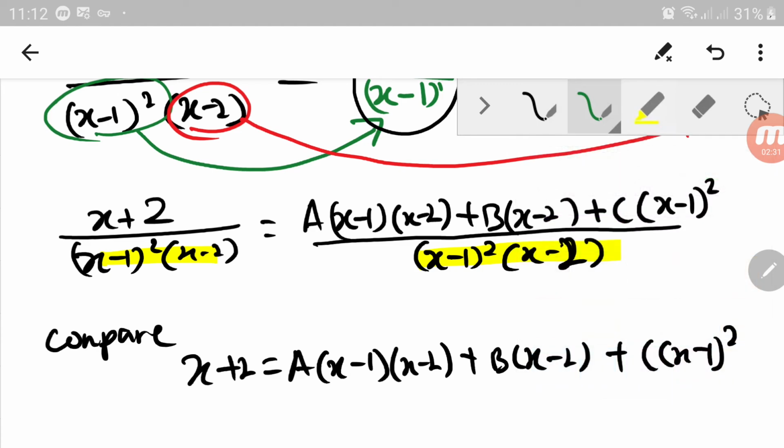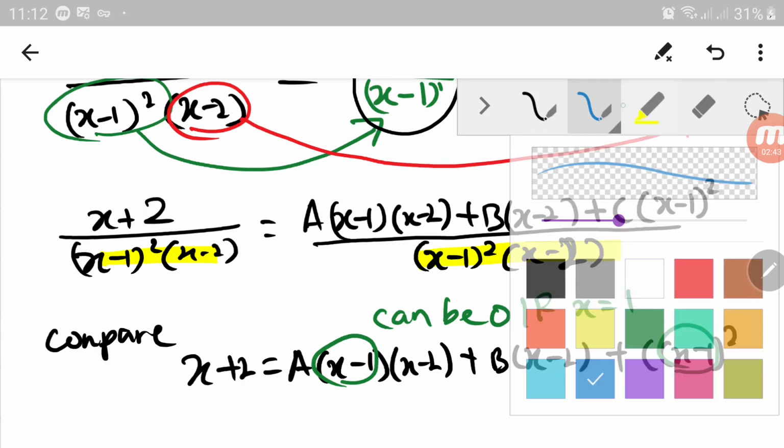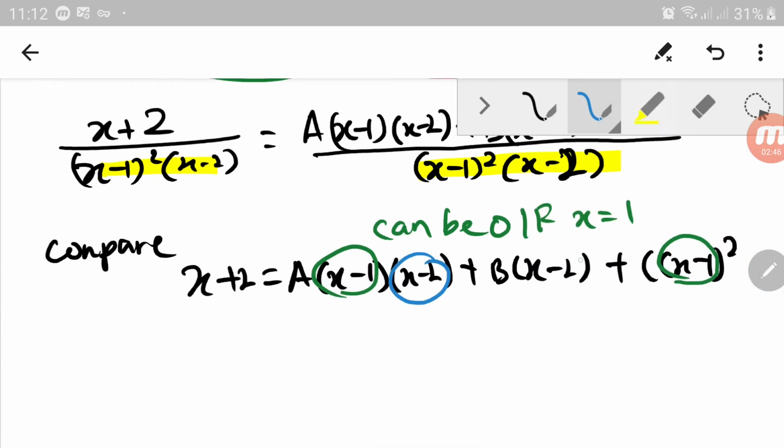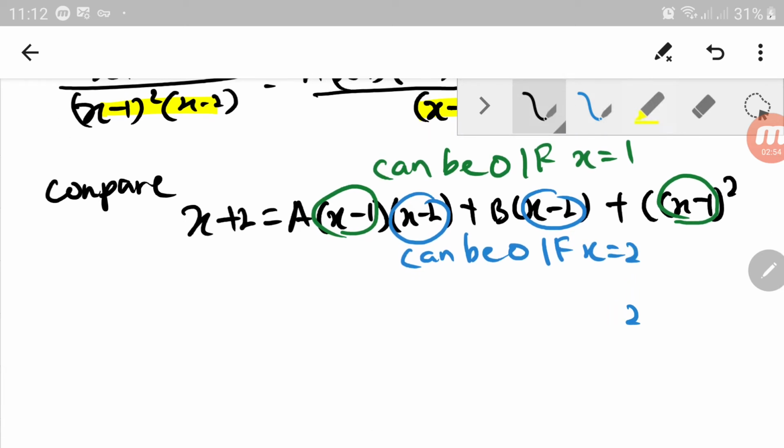Now these two circles, the green circle, can be 0 if x equals 1, while the one that I've circled in blue can be 0 if x equals 2.